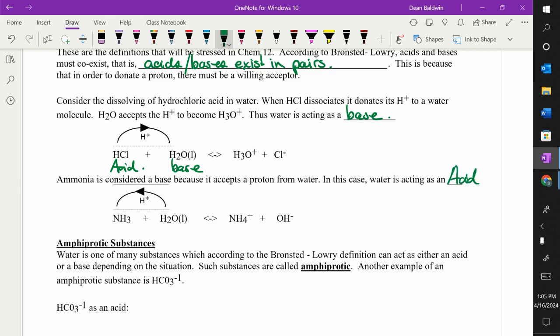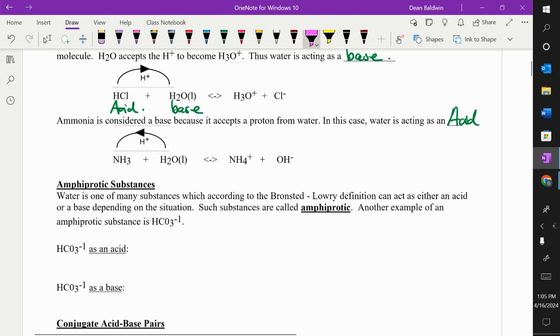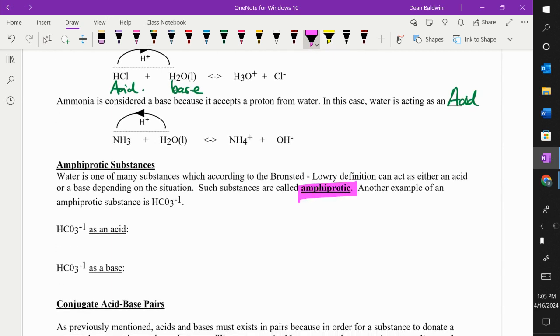Okay, so this leads to amphiprotic substances. An amphiprotic substance can act as an acid or a base, depending on the situation. You should remember that word, right? You can act as an acid or a base.